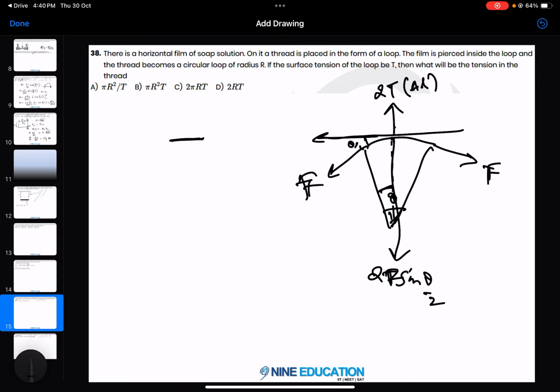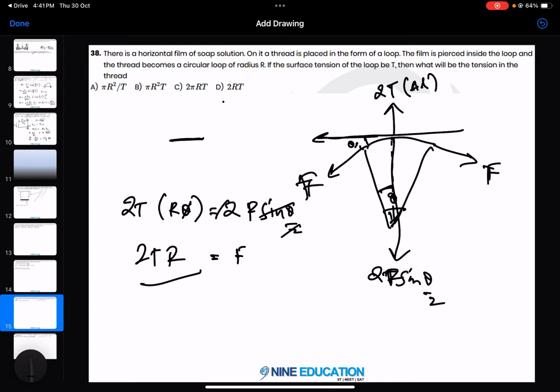Now these two forces must cancel each other out. 2T into r theta must be equal to 2F sin theta by 2. If angle is very small, sin theta by 2 can be approximated as theta by 2. So 2 theta cancel, which will give us F is 2Tr. Option D.